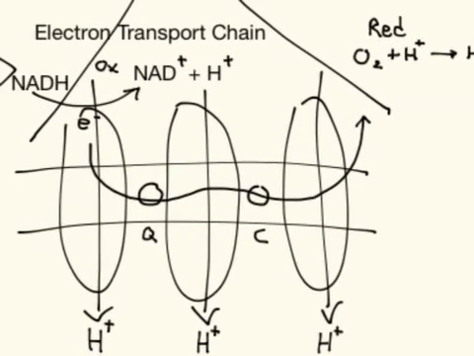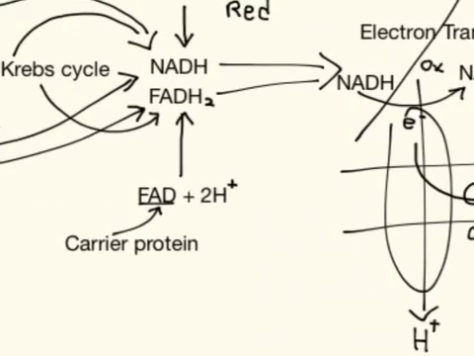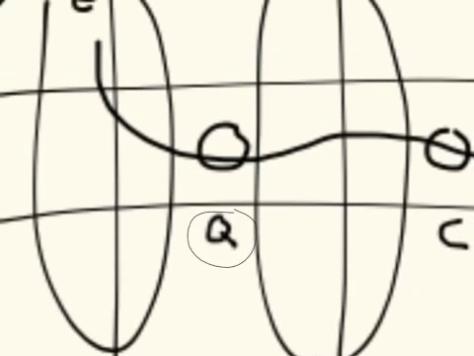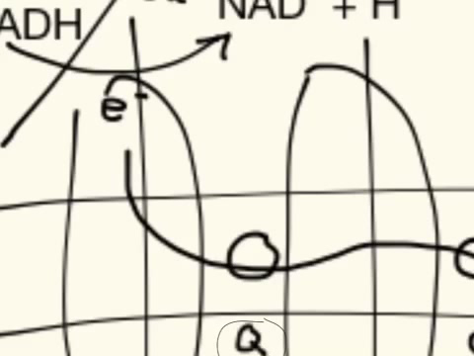Now, through this whole process, what happened to the FADH2? The FADH2 actually goes into this small area right here, also known as the Q protein. What's important about this Q protein is that this is the location through which the FADH2 goes.